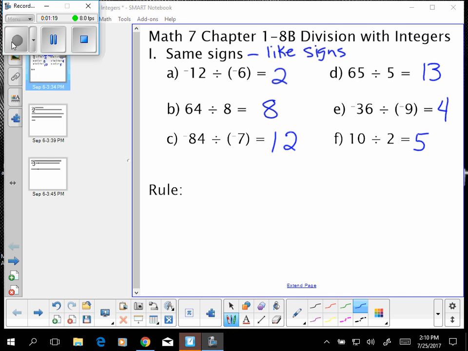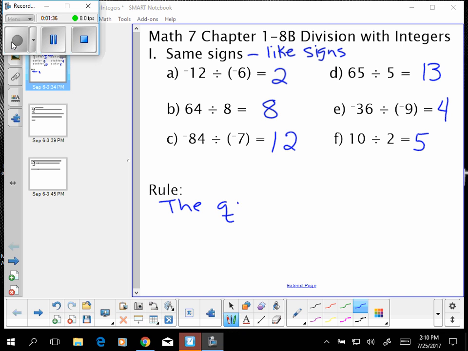I hope you notice that the division rules are going to be pretty similar to the multiplication rules. If I have same signs or like signs, my quotient is going to be positive.